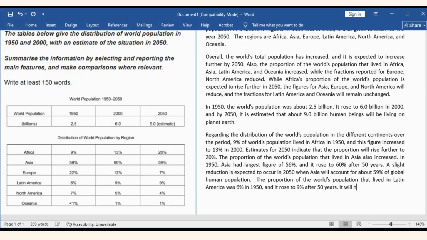It will, however, maintain this same figure of 9% by 2050.